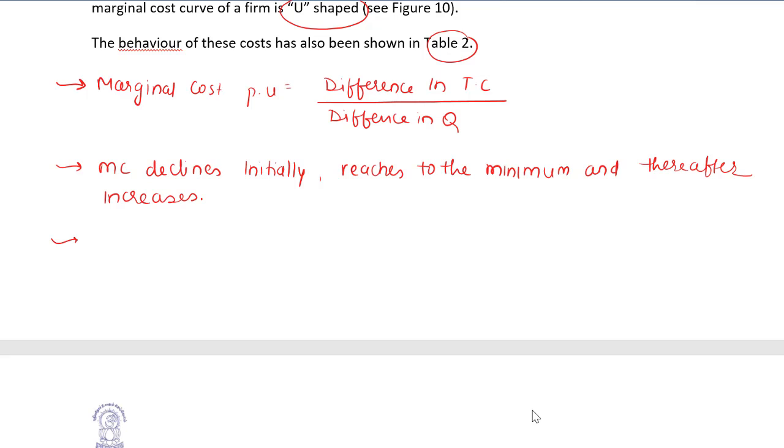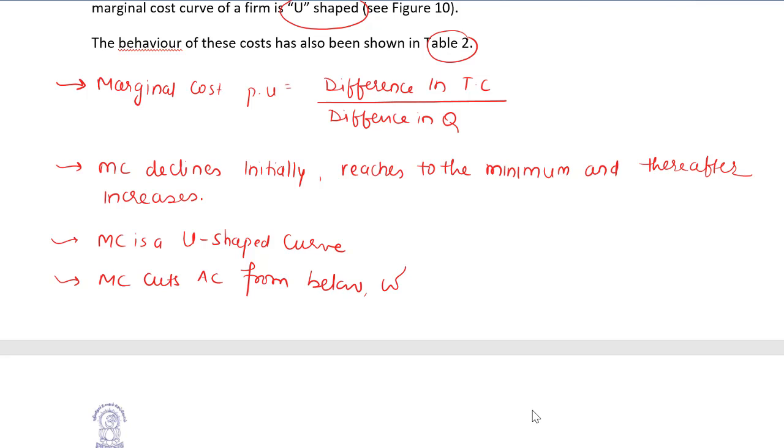MC is a U-shaped curve. MC cuts AC from below when AC is minimum. At this point, MC cuts AC from below.